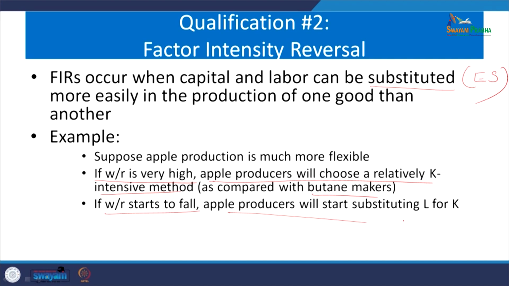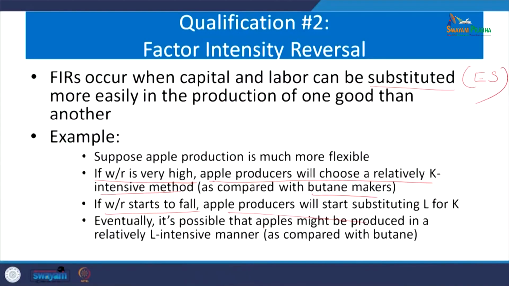Now, one interesting result of this model is that if prices are changing, then there are lots of possibilities of using those factors interchangeably. So expectations will again dilute the very postulations of the HO model. Eventually, what we want to say is that it is possible that apples might be produced in a relatively labor intensive manner as compared to botany.